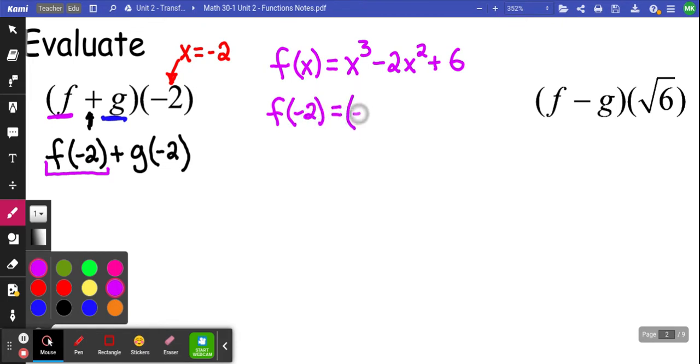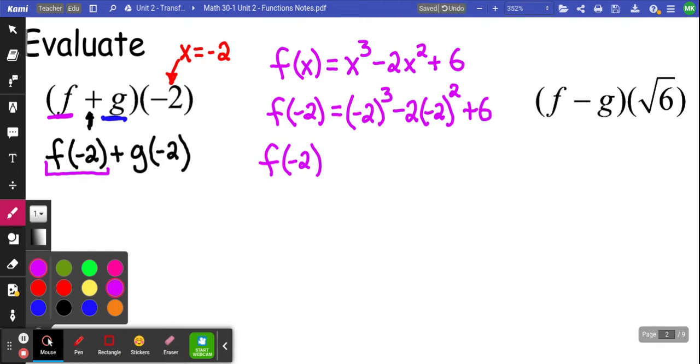So it's now negative 2 cubed minus 2 at negative 2 squared plus 6. You put that into your calculator. Negative 2 cubed would be negative 8. And then you're going to subtract 8 more. And then you're going to add 6. And you should get that f of negative 2 equals negative 10.